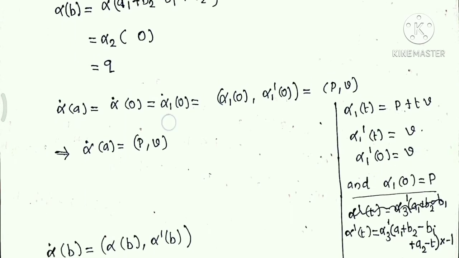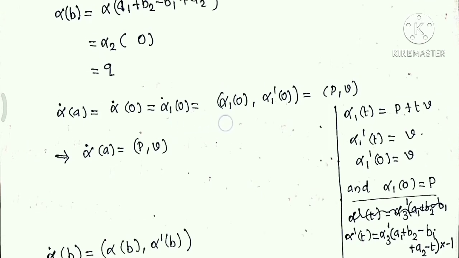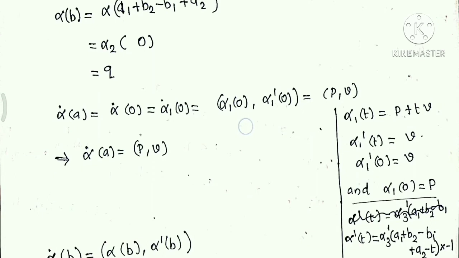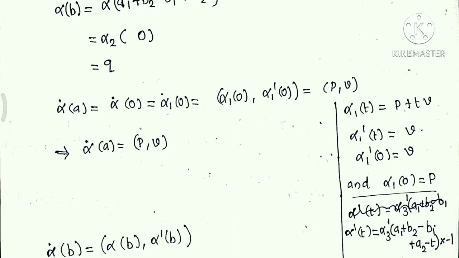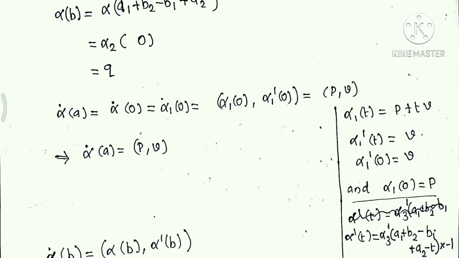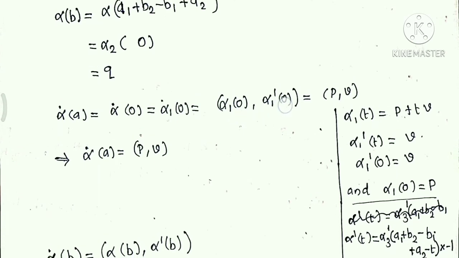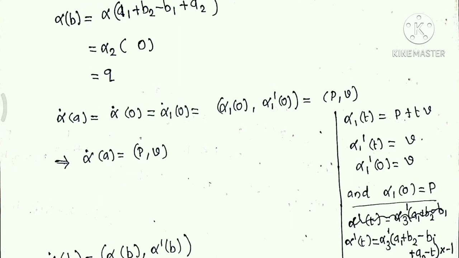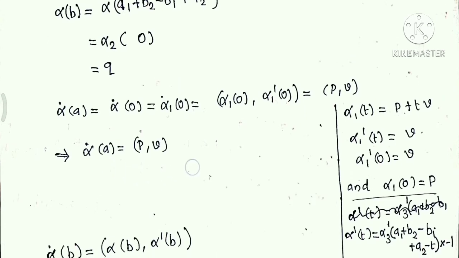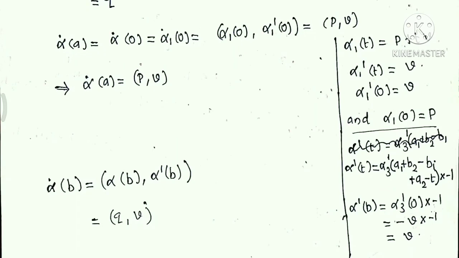So here alpha 1 dot of 0 is equal to the vector alpha 1 of 0, alpha 1 dash of 0, and here alpha 1 of 0 is equal to P and alpha 1 dash of 0 is equal to v. Hence alpha dot of A is equal to PV, and alpha dot of B is equal to alpha of B, alpha dash of B.